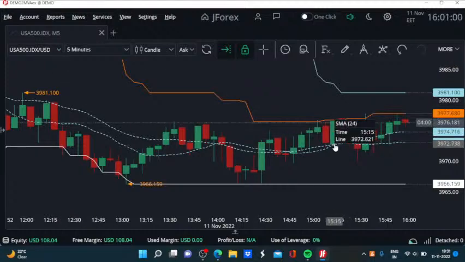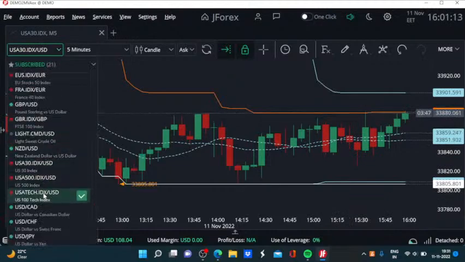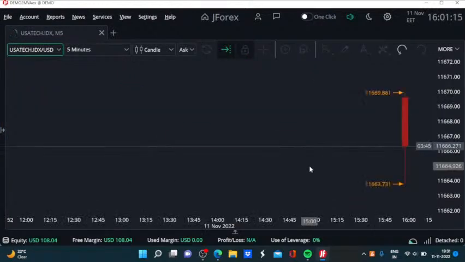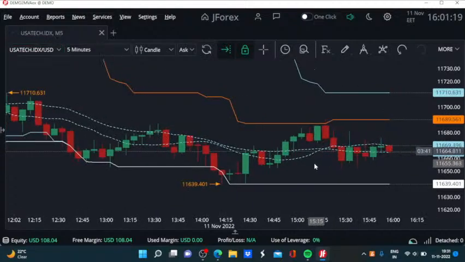So we have the S&P 500 also showing similar price trajectory with new crossover formation at 15:20 GMT. For the Dow, similar thing was observed for Nasdaq. Here also there is not much of a difference.